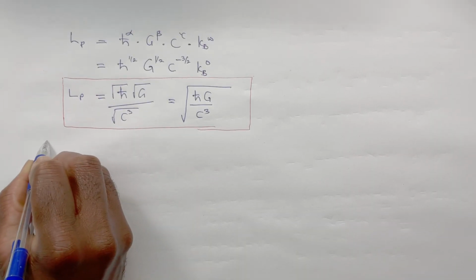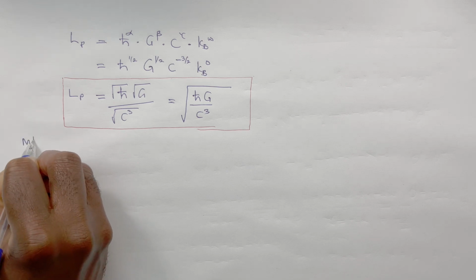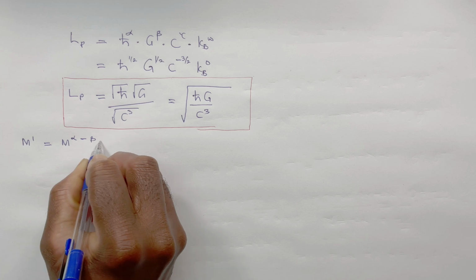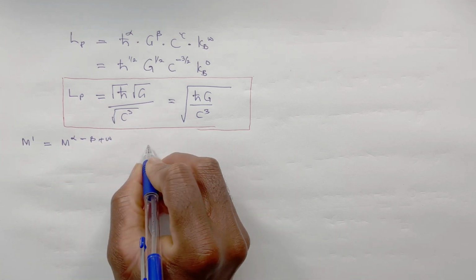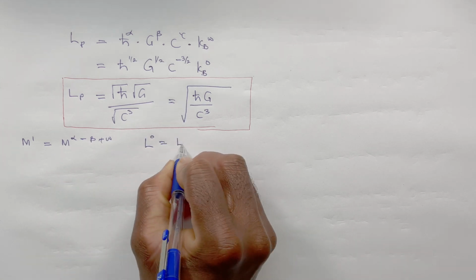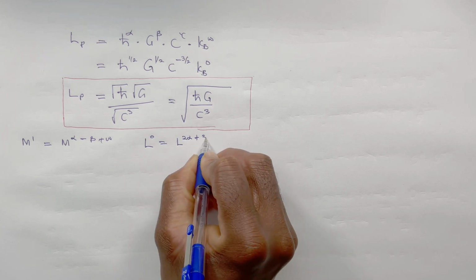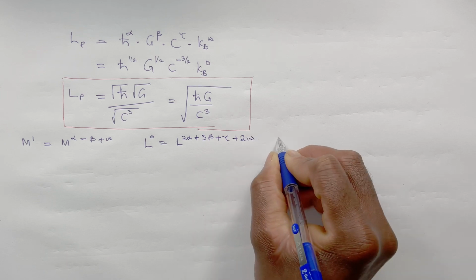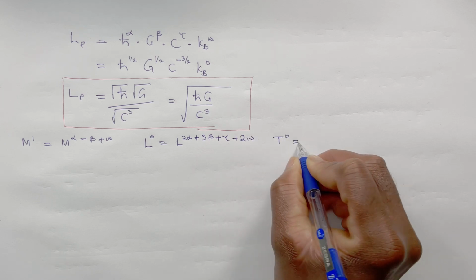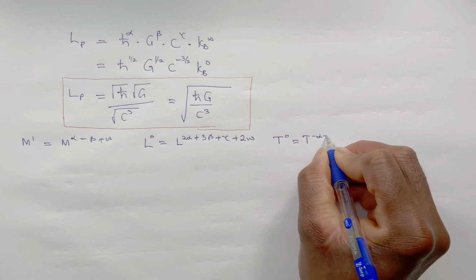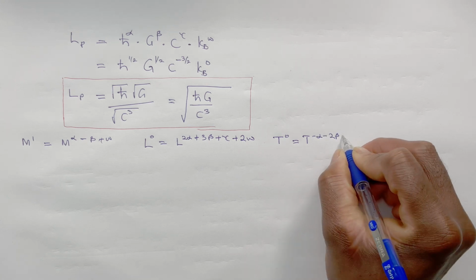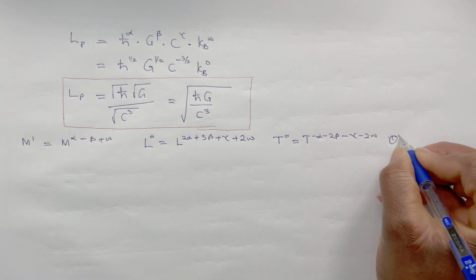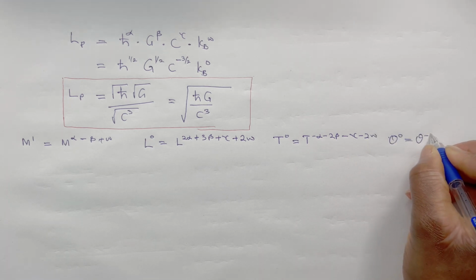So for Planck mass, we say M1 is equal to M to the power alpha minus beta plus omega, and L0 will be L to the power 2 alpha plus 3 beta plus gamma plus 2 omega, and for T0 it will be T to the power minus alpha minus 2 beta minus gamma minus 2 omega, and theta 0 will be theta to the power minus omega.